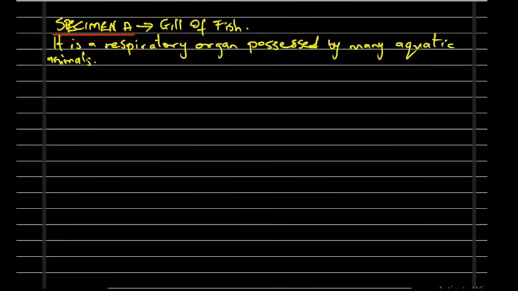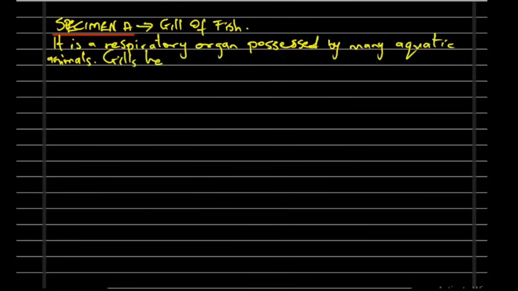What do they use these gills for? They actually possess them for extraction of dissolved oxygen, basically for the exchange of gas.